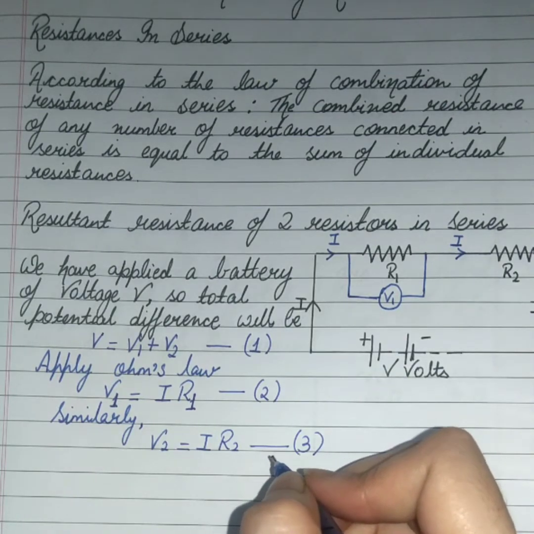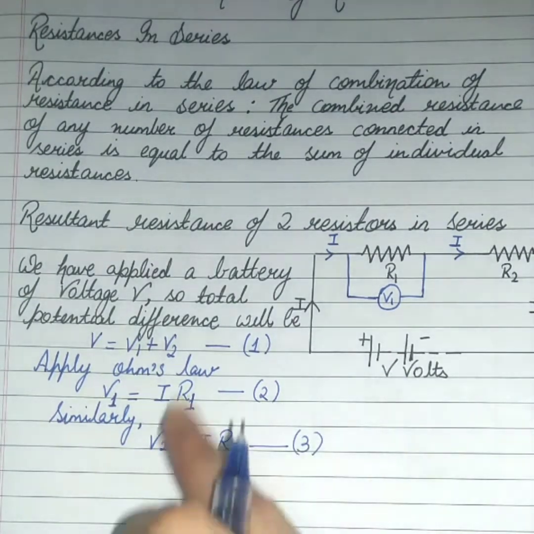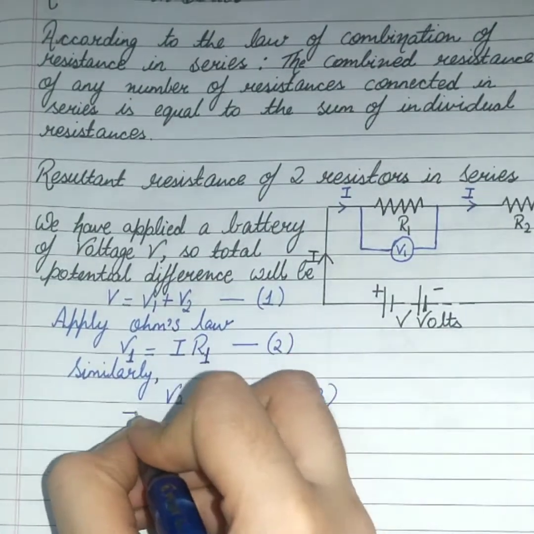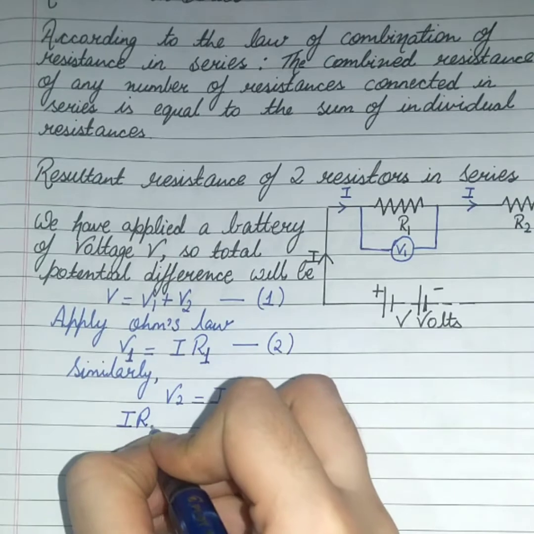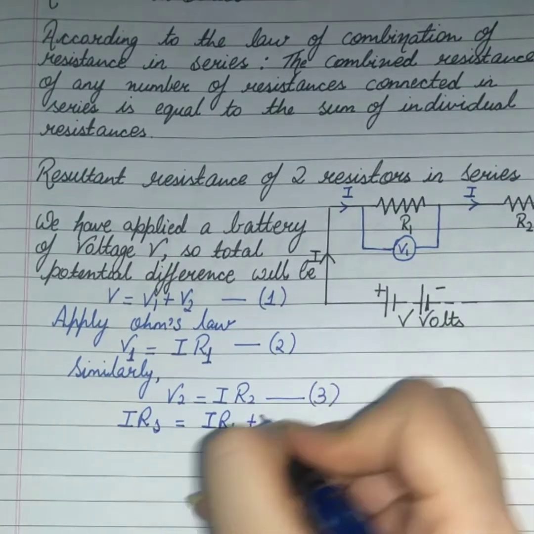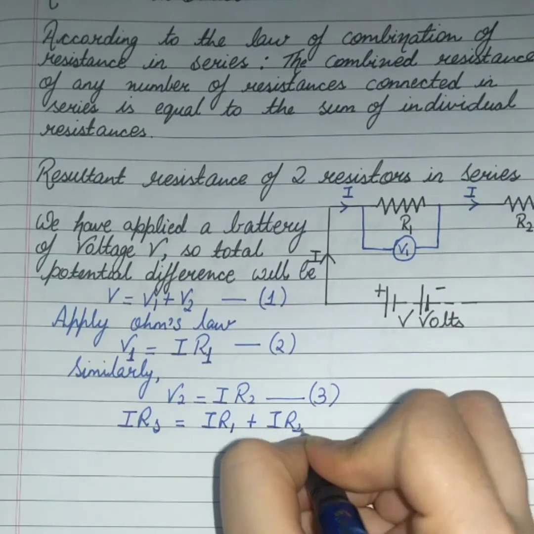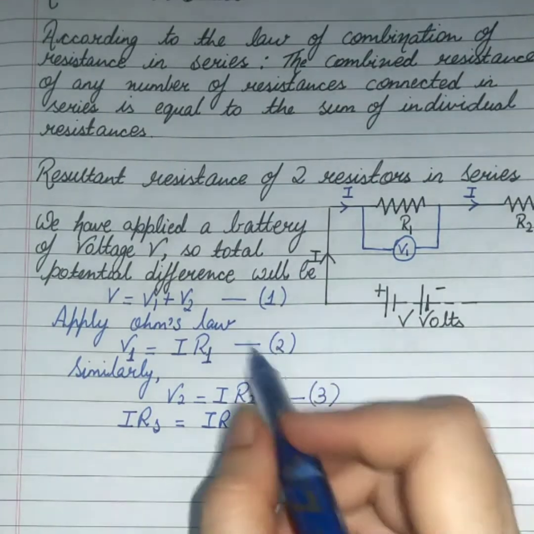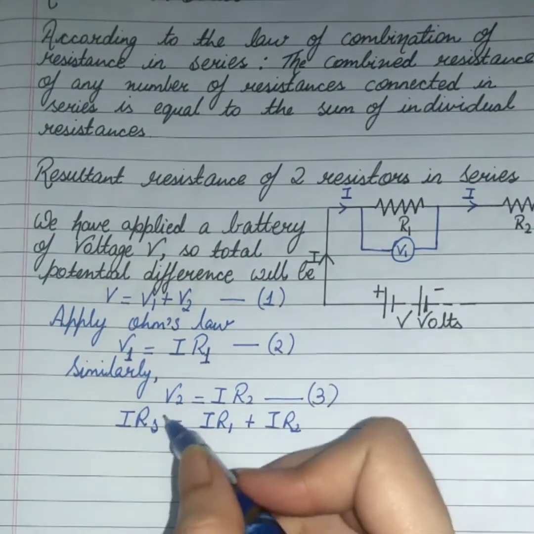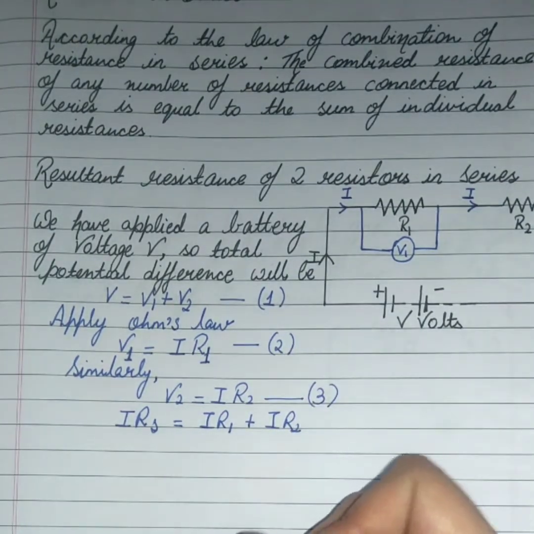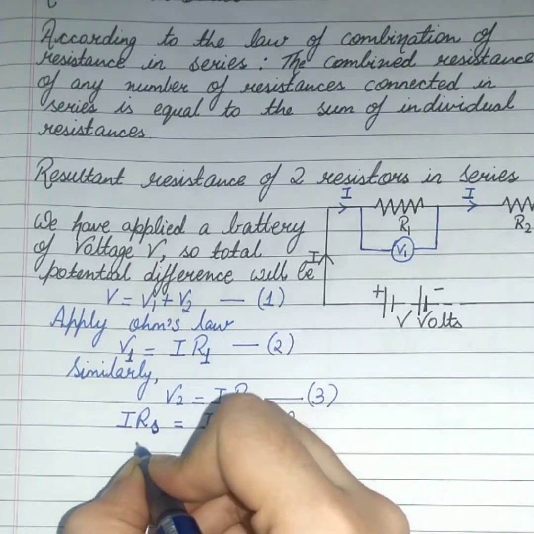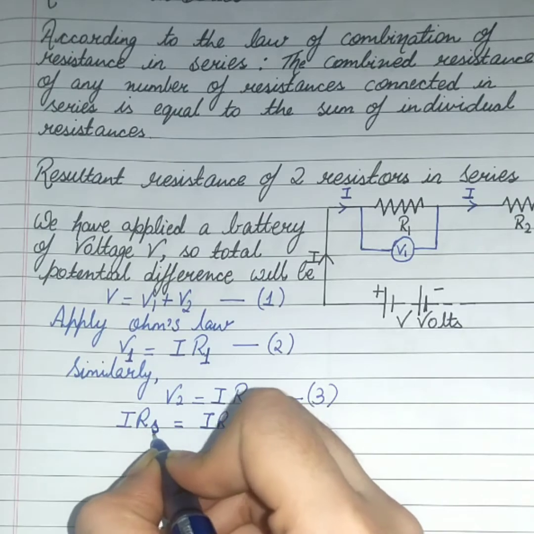So students, using these equations in equation 1, we know that V equal to IR, V1 equal to IR1 and V2 equal to IR2. So I have used equations 2 and 3 in equation 1 and I got this resultant equation. Why have I written R with subscript S? This shows the resultant resistance in series.